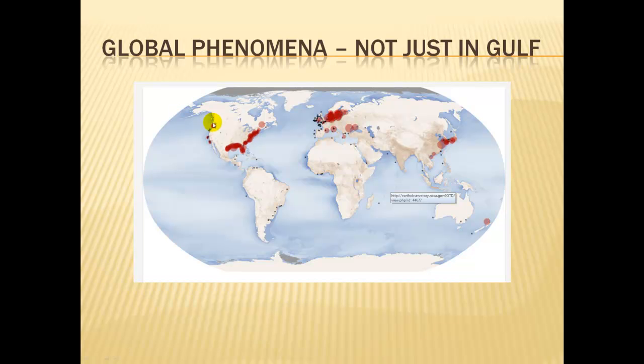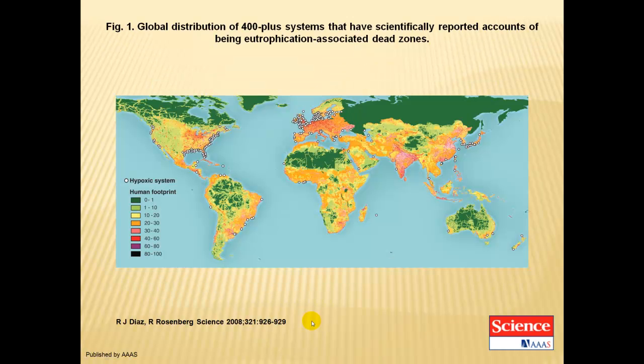This is occurring in places like the Puget Sound of Washington, and it's becoming a big dilemma in China and in Northern Europe. You look at this as your eutrophication, your dead zone, which is your hypoxic zone, and you look at this in relation to the human footprint, and we can see how the human footprint relates to hypoxia on the landscape.